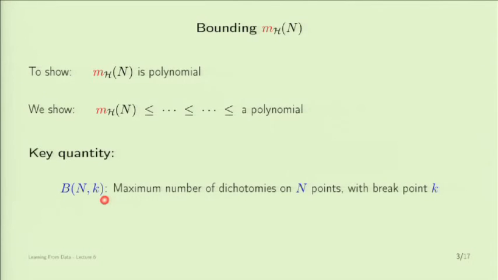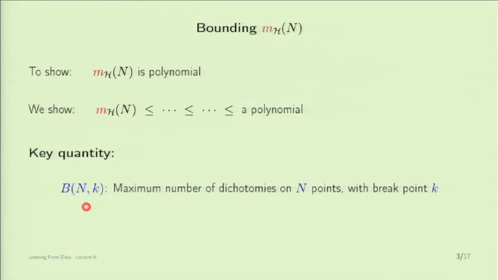You don't know where this came from, you don't know what space you are working with, you don't know what the hypothesis set is. You just know that in your setup, when you get n points, that is the n here, and the breakpoint is K, that is K here. Under those conditions, can you bound the growth function? Can you tell me that the growth function can never be bigger than something? That something is what I'm calling B of n and K.